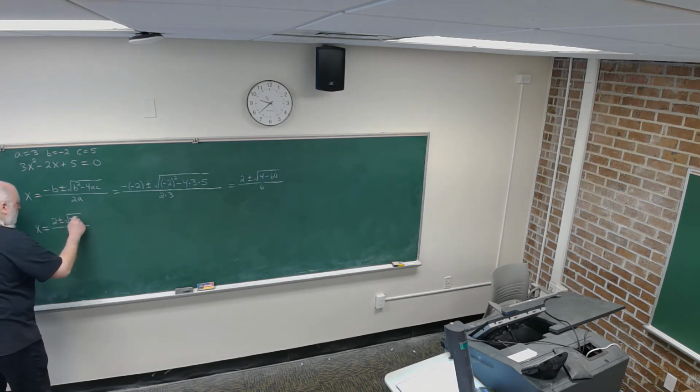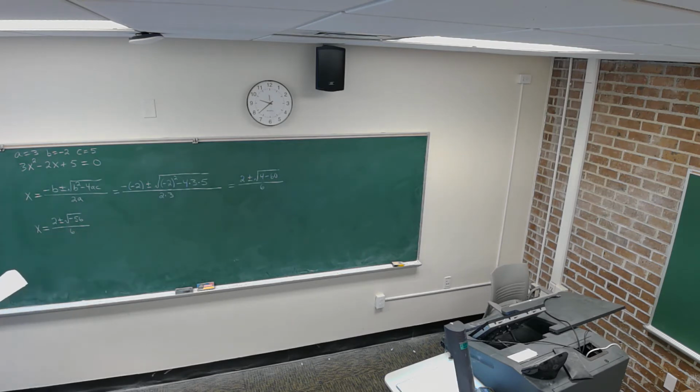So what's under the square root is minus 56. And now we have to reduce the square root of minus 56. And so this is where you have to ask yourself, can I factor the number 56 where one of the factors is a perfect square? Okay. And in this case, the answer is yes.